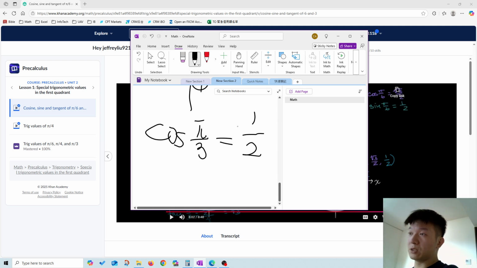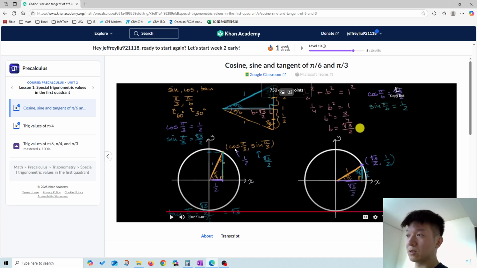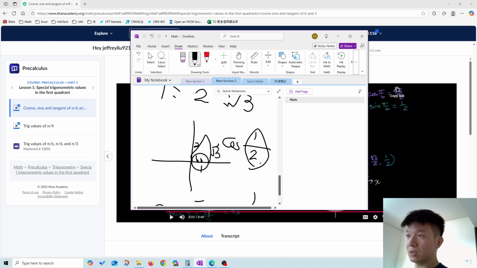Then we're going to find out what our sine pi over 3 is. Our sine pi over 3 will be square root of 3 divided by 2.